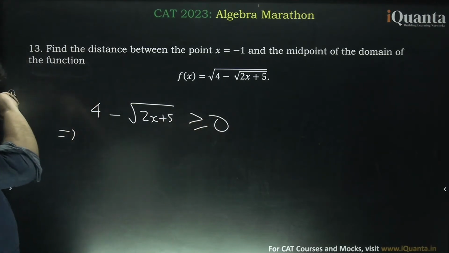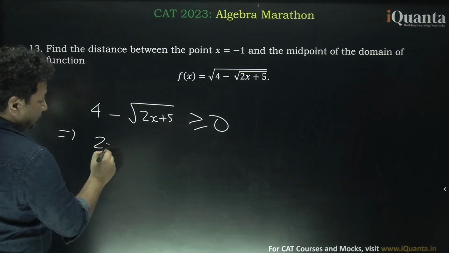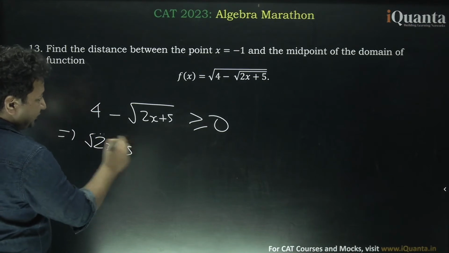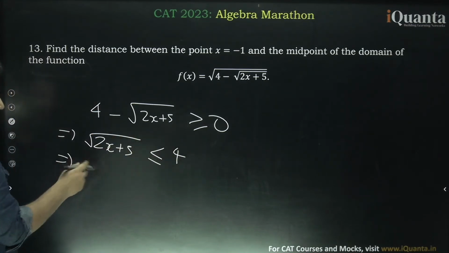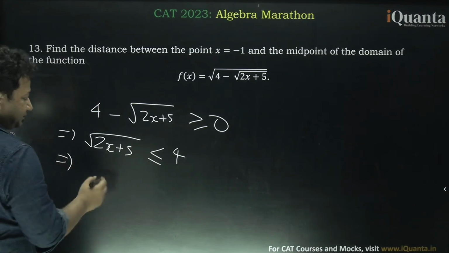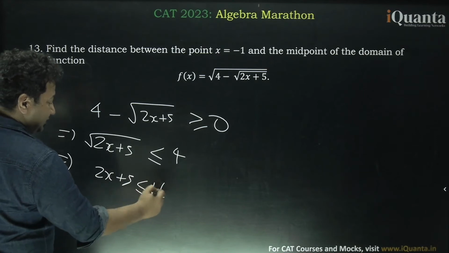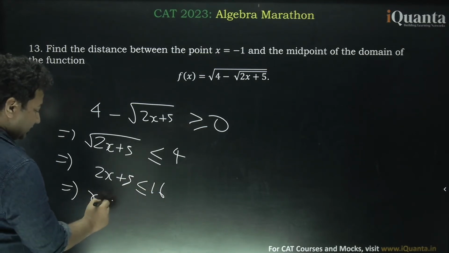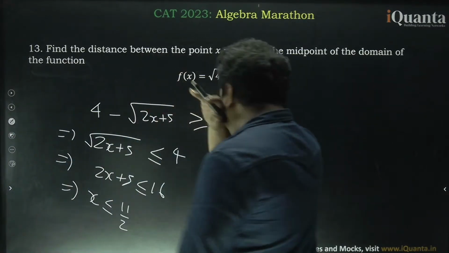So if we solve it, root 2x plus 5 is less than or equal to 4, which means if I take the square, 2x plus 5 will be less than or equal to 16, or I can say x is less than or equal to 11 by 2.